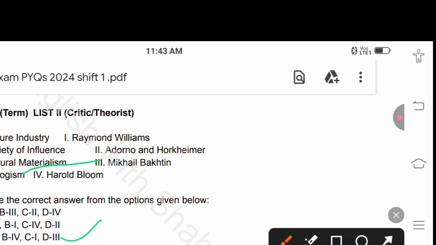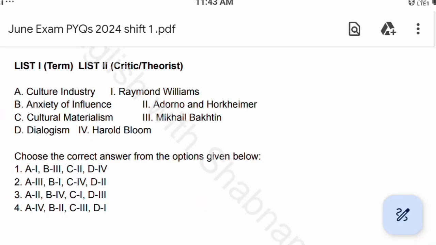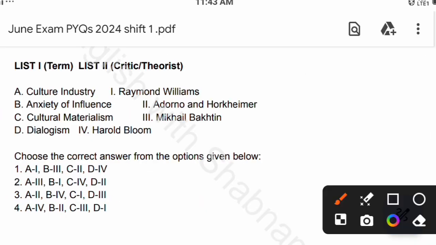Cultural materialism, C, Raymond Williams first, and after that B, anxiety of influence, Harold Bloom, and the first culture industry, Adorno. This is the correct answer, option 3. A second, B fourth, C 1 and D 3. See how by finding one correct you will be able to find everything right.